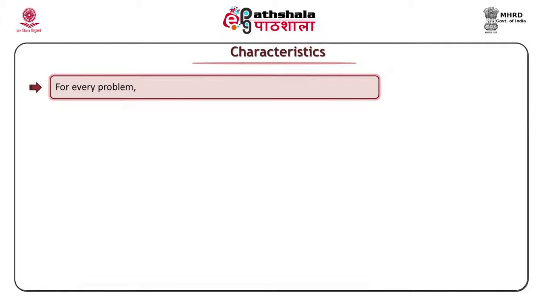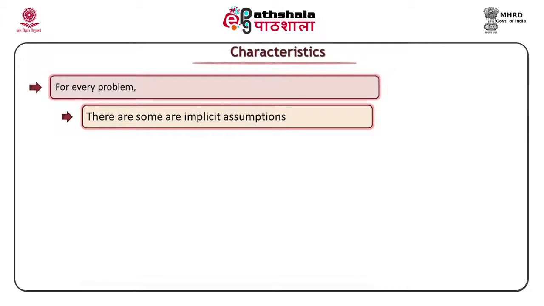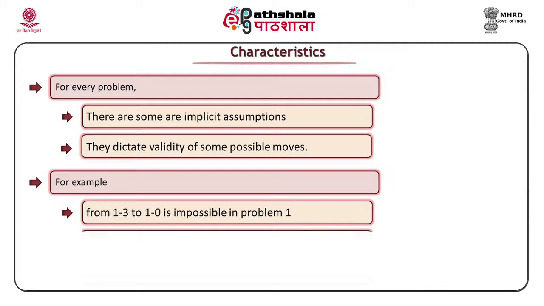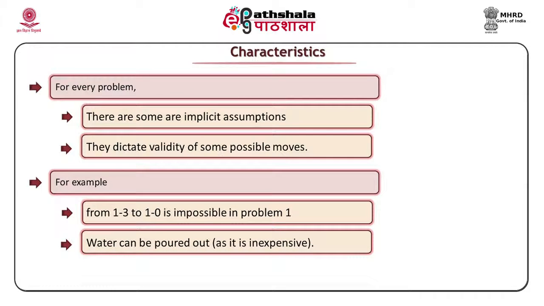Not only that, for every problem which we take, there are some implicit assumptions. For example, even when I am dealing with this most trivial of problems, we have some implicit assumptions. When we are talking about the water jug problem, we think that water is available, and we can pour the water out of the jug. In fact, in our solution, you probably have seen, there are a few places where we are just pouring water out of the jug, because water is inexpensive.